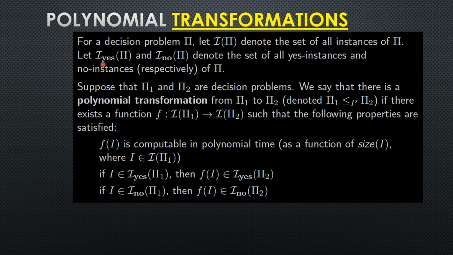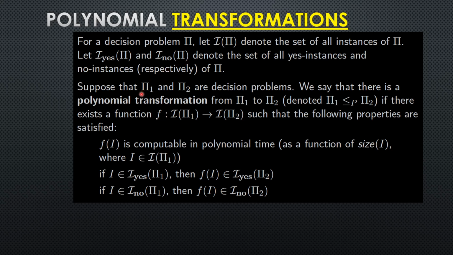These are inputs for which the correct answer is yes, true, so we should return true for all such inputs. And I no is the set of inputs for which we should return false or no. So this is just taking the inputs and dividing them up into yes instances and no instances, and of course any correct solution to this problem pi should return true for all yes instances and false for all no instances.